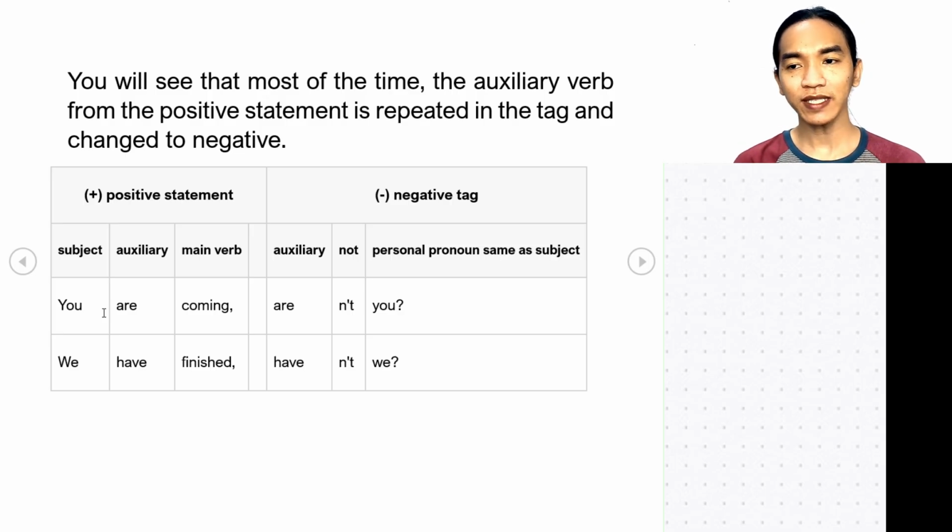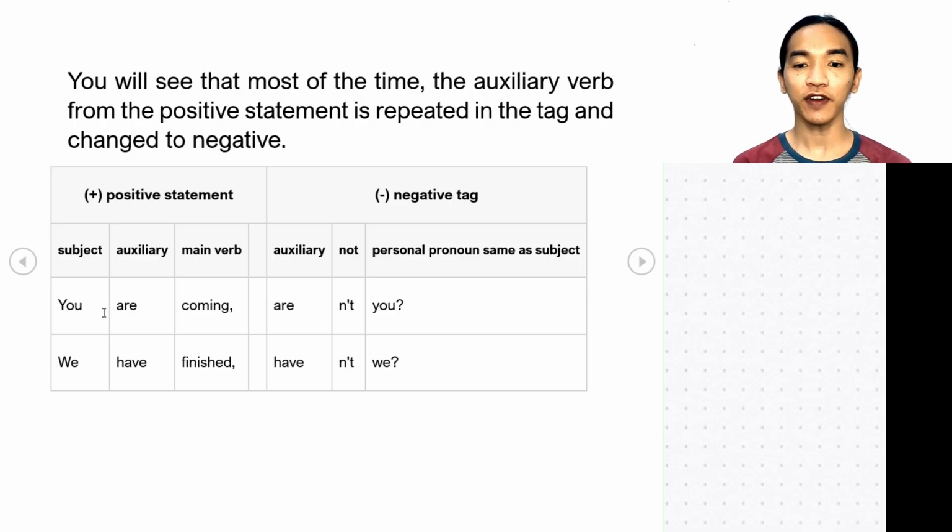So when we say positive statement tag questions, just like what the term says, we have a positive statement and a negative tag. Let's take a look at this table where we can see different sentences using different auxiliary verbs and how we change them in our tag questions.